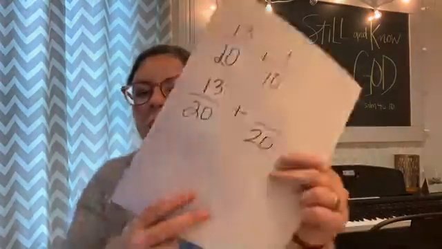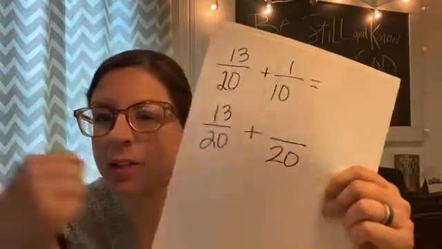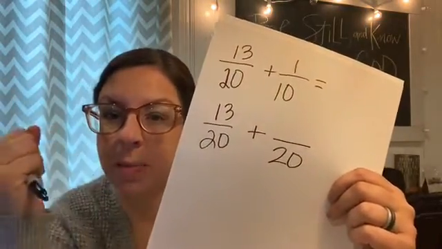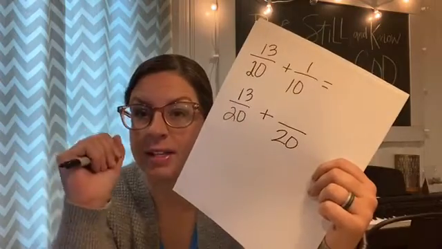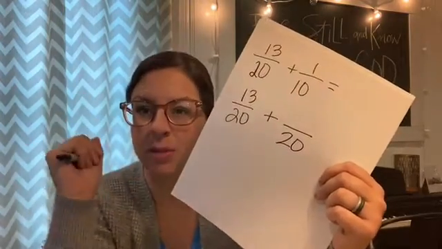What do I have to do to 10 to get 20? Multiply by 2. So same with the 1, because if it's going to be an equivalent fraction, you have to do the same thing to the top as you do to the bottom. So 1 times 2 is 2. And now I can add them together. So 13 plus 2 is 15 over 20.